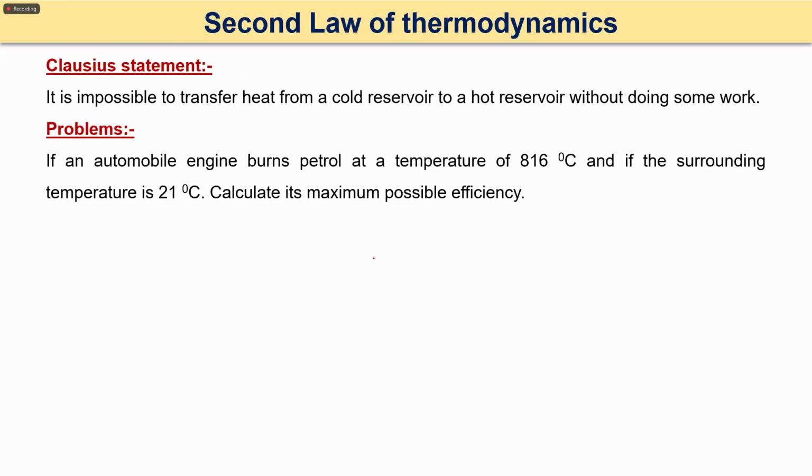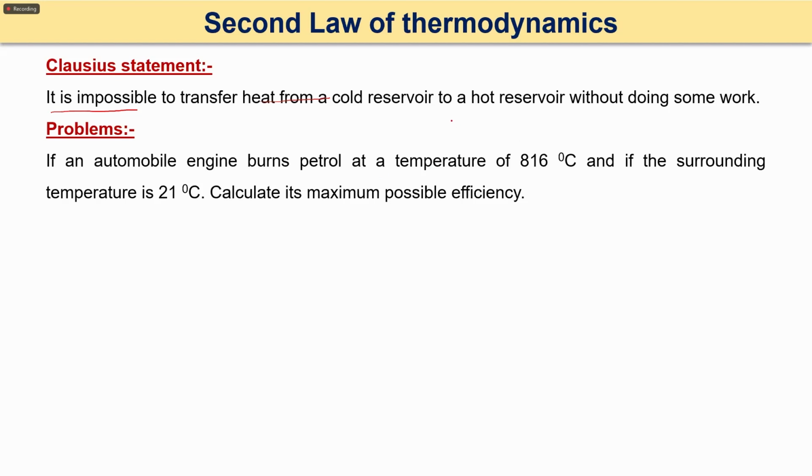So, according to this statement, it is impossible to transfer heat from a cold reservoir to a hot reservoir without doing some work. Okay. So what this statement means is that it is impossible for us to transfer heat from a cold reservoir to a hot reservoir without doing some work. So we will have to apply some work if we want to transfer heat from a cold reservoir to a hot reservoir. Okay.